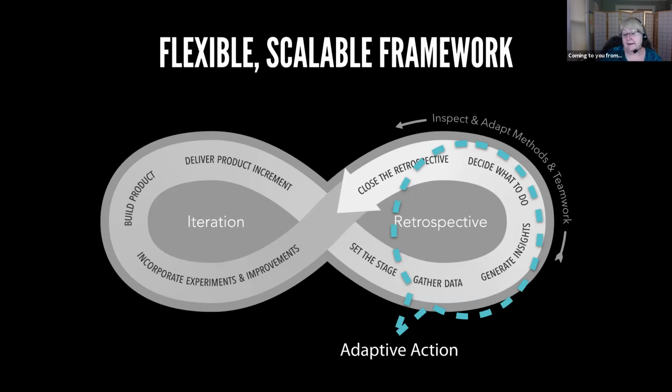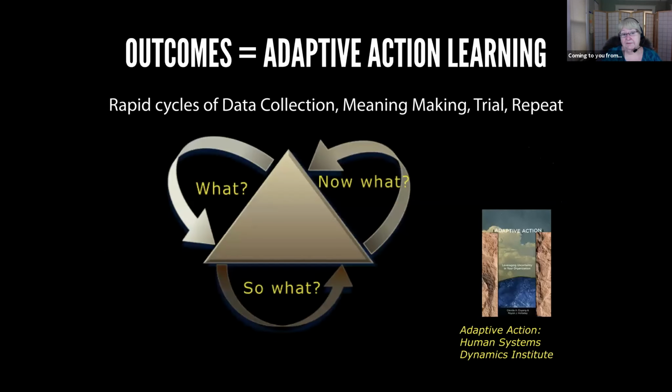And that is also called adaptive action. That comes from adaptive action learning, which is rapid cycles of data collection, meaning making, trial, and repeat. What? Gather data, data collection, meaning making. So what? Generate insights out of that.